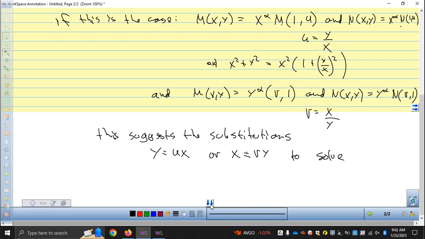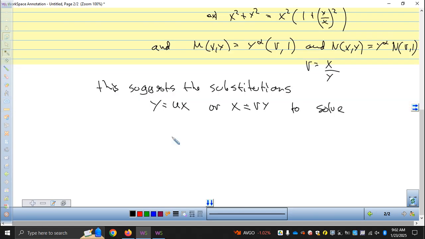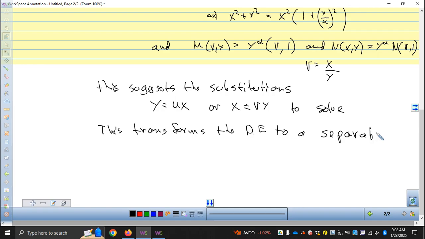Making these substitutions transforms our homogeneous equation into a separable differential equation. So we go from a homogeneous equation to a separable equation.